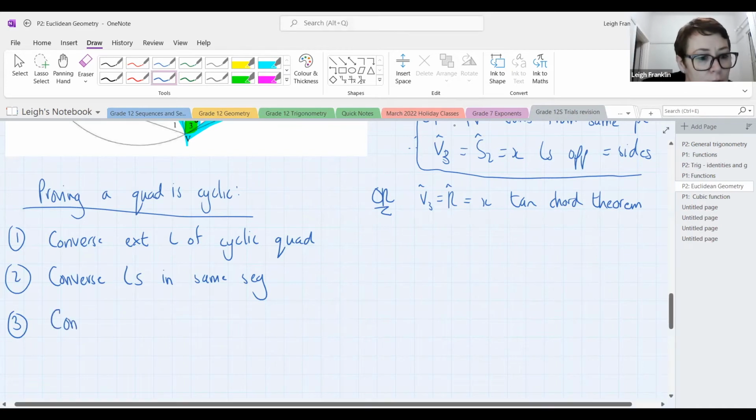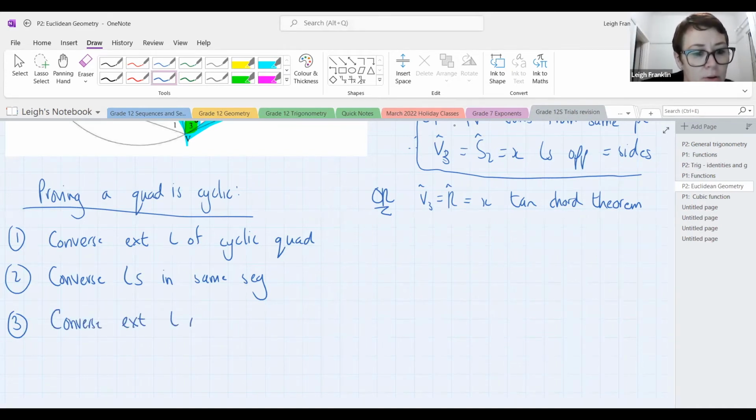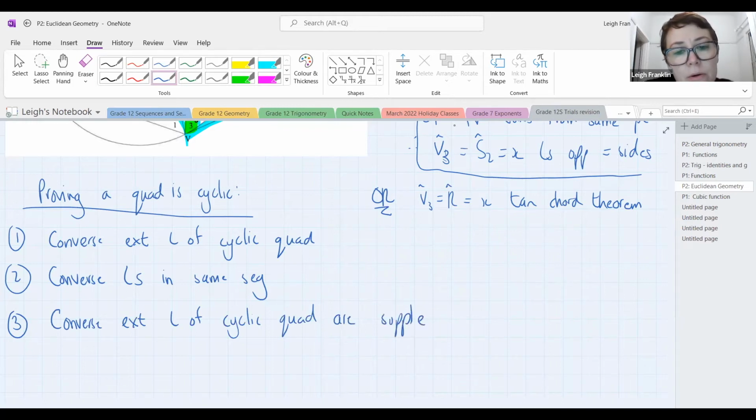Okay, so converse exterior angles of cyclic quad are supplementary. Okay. That's it. Those are the 3 ways, and that's how you have to set it out, using these reasons exactly as I've written over here.